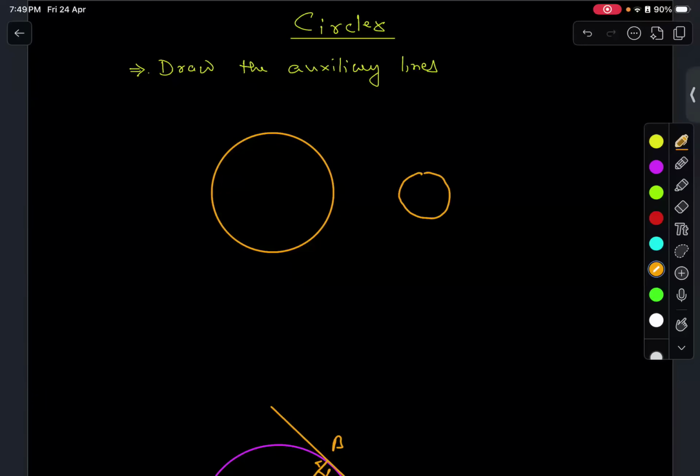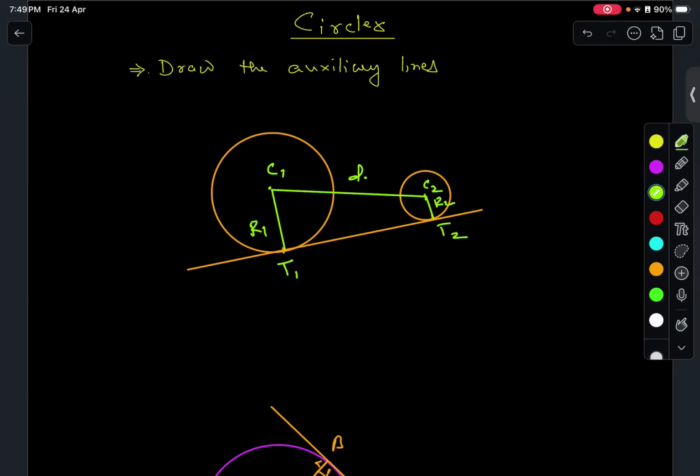If two circles are given and we have to find the length of the tangent, what is given is that the length between the centers is given as C1 and C2, and this radius is R1, and let this radius be R2. You have to find the length of T1, T2. Very simple, but obviously you have to think how this will work, right?